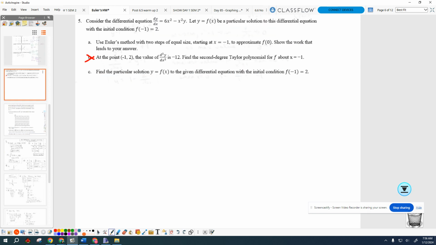Okay, well, this is good review for the test. So consider this differential equation and the particular solution. So, how do I separate the variables?